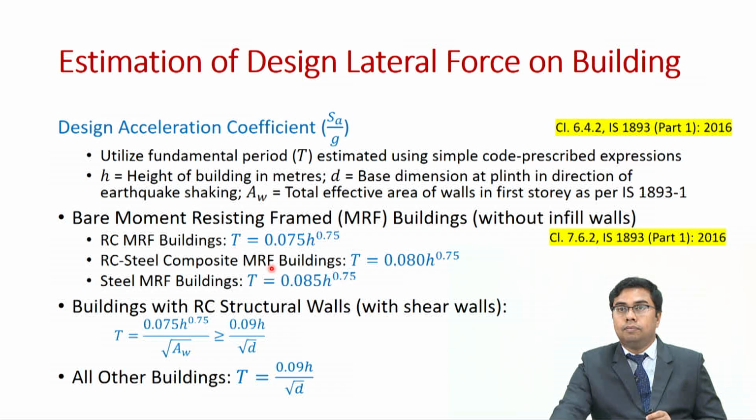For RC steel composite MRF building, you will have the natural period given by this expression. Now this is somewhere in between the expression given for RC MRF and steel MRF. Now for all other buildings, including buildings with shear wall, you will have other expressions given over here. For example, buildings with RC shear wall have natural period given by this very expression, and it cannot be lower than this very value, which is usually used for finding natural period for all other buildings.